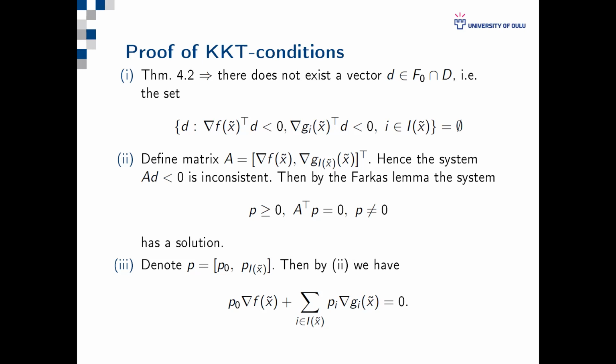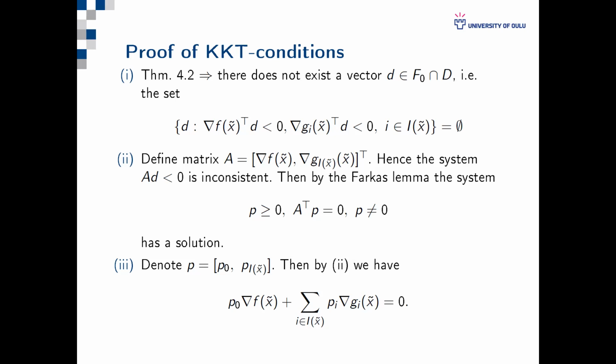Either there is a vector d such that A d has strictly negative coordinates, or we have a non-negative vector p such that A transpose times p equals 0, and p is a non-zero vector. I denote its coordinates p_0, and then come the coordinates related to the active constraints.